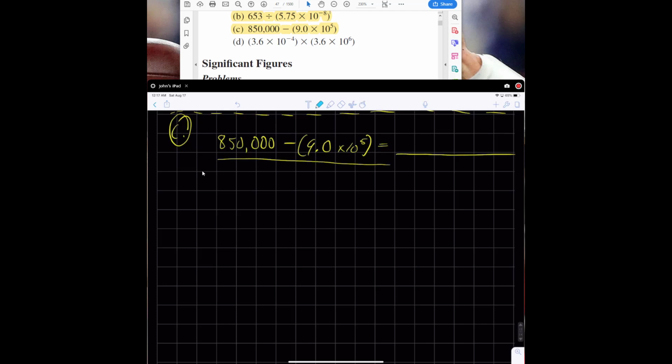So we'll start with the left side of the problem. We have 850,000. We can look at this number as 850,000 with a decimal point right there. Although I drew this 0, it is not significant, okay? But I'm just writing it there to hold the place on the side of this decimal.